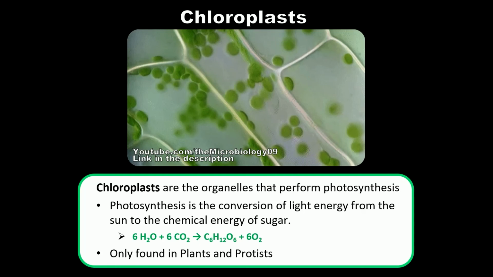They're too small and simple to have that kind of thing. So bacteria, when they do photosynthesis, have to use their own cell membrane in order to get the process done. So only plants and protists, eukaryotic cells, can have chloroplasts inside of them. Bacteria never can. So chloroplasts are special for plants and certain types of protists.